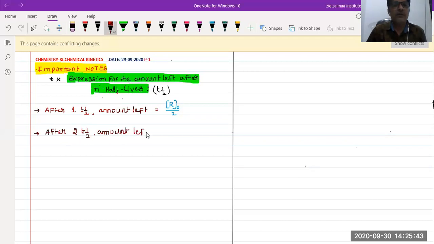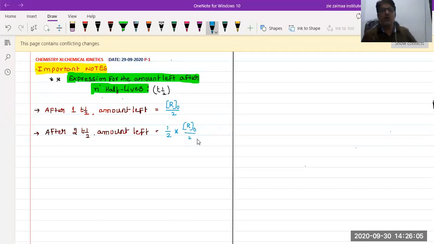Amount left is going to be identified as 1 by 2 into the same one T R value, means R naught by 2. So how can we write this finally? R naught by, that is the initial concentration of reactant by 2 power 2.